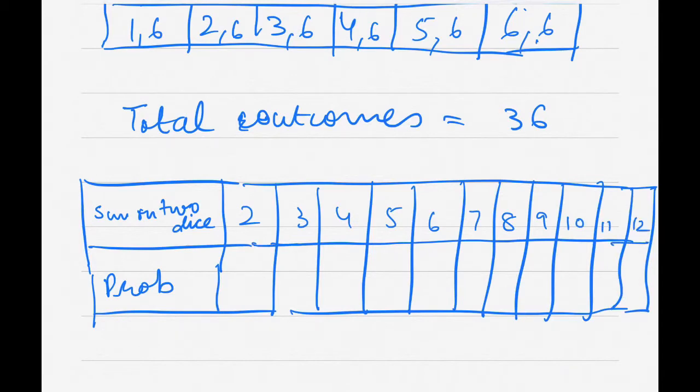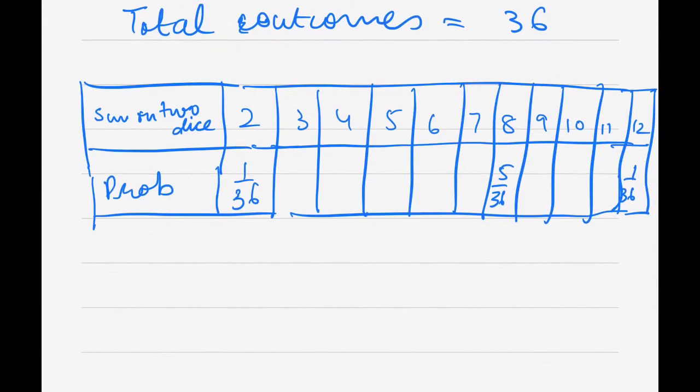In this table they have already given 1 by 36 for 2, 5 by 36 for 8, and for 12 also 1 by 36.